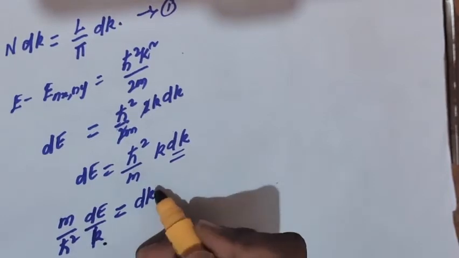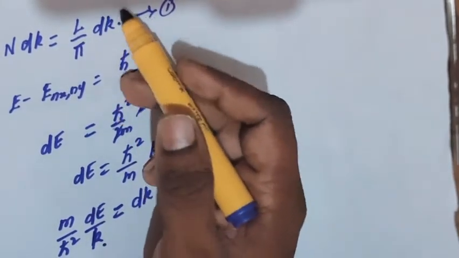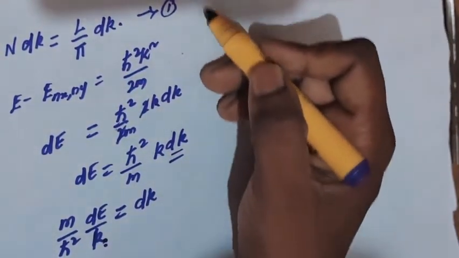But we want to know what k is, because we want to rewrite equation number 1 and everything in terms of energy. Here we have k in the denominator.